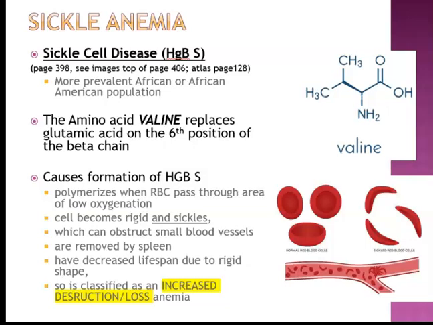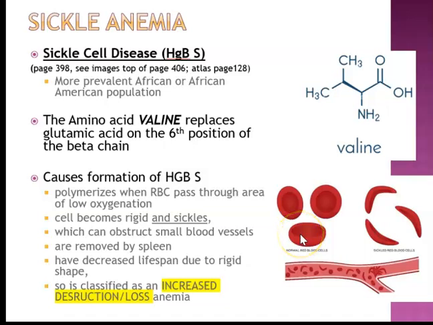So it can cause the formation of hemoglobin S or sickle cell anemia. It polymerizes when the red blood cell passes through an area of low oxygenation. So that means it goes from the normal biconcave disc shape of a red blood cell, and it causes the red blood cell to sickle.